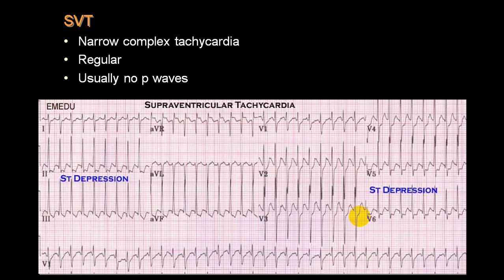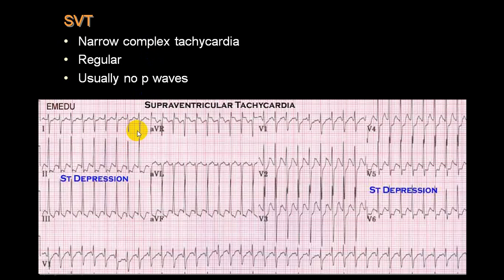This is one ECG which shows that the QRS complexes are narrow. You cannot make out the P wave clearly between the two QRS complexes because of merging of the T wave and P wave. So usually we say no P wave seen, narrow QRS complex.